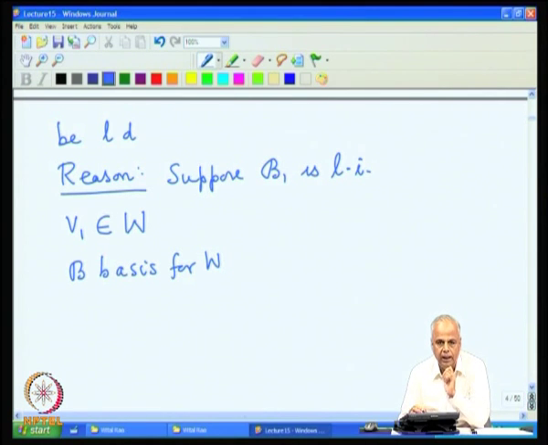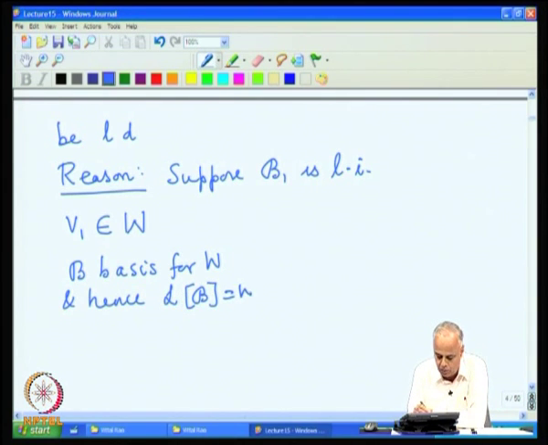One, it must be linearly independent and two, it must span W. So, we use the spanning part of it, and hence the space spanned by B must be equal to W. So, v1 is in W, W is spanned by B. Therefore, v1 being in W must be in L(B).